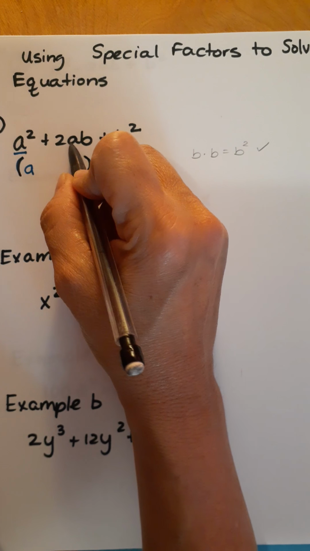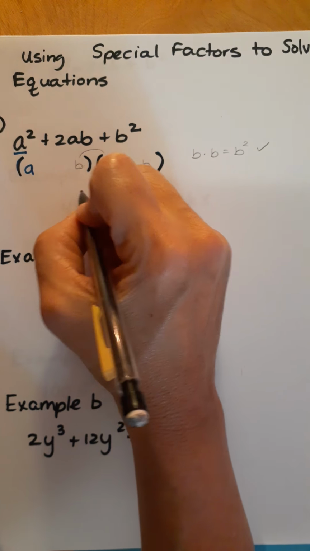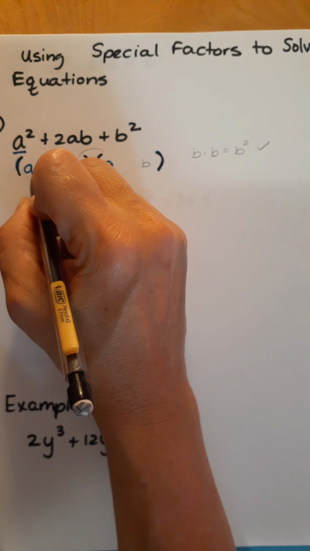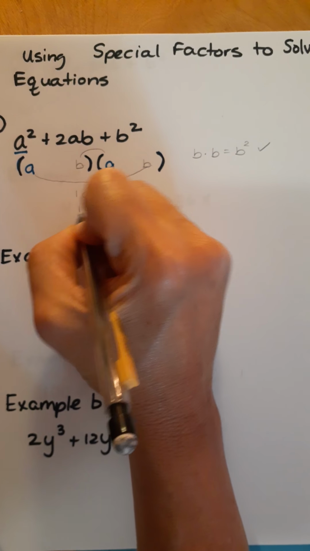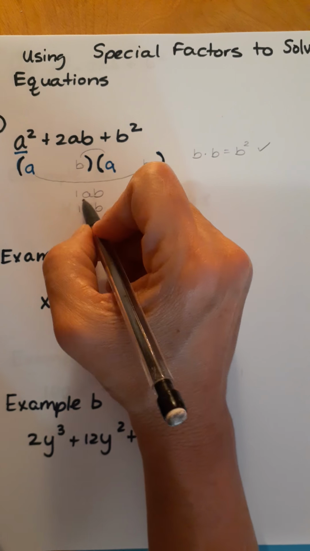Now we're going to check to see if the middle term is actually the multiply the two inner terms, ab, correct? That's 1ab if you want, and the two outer terms in the parentheses, 1ab. Now you could write them as ba or ab. It's the same thing. These are like terms.